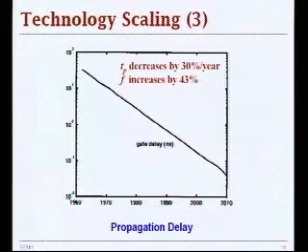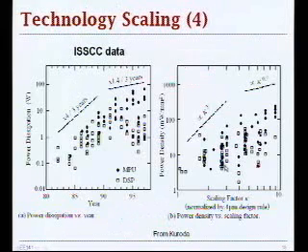If you keep scaling your dimensions 30% every technology generation, then, for reasons that you will understand in a moment, your propagation delay of a gate will also decrease by 30% per year. Now, that's a 0.7 factor. Frequency is 1 over propagation delay. 1 over 0.7 is 1.43, so your frequency increases by 43%. And that's been the trend for the past 40 plus years.